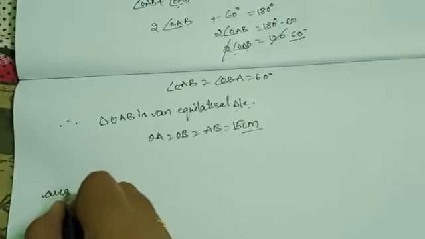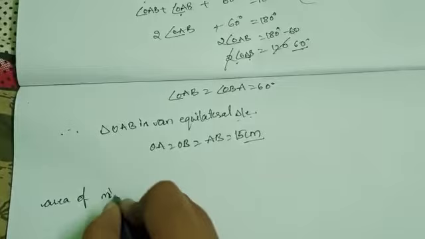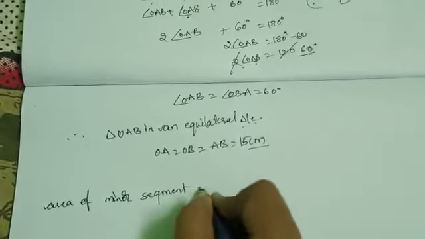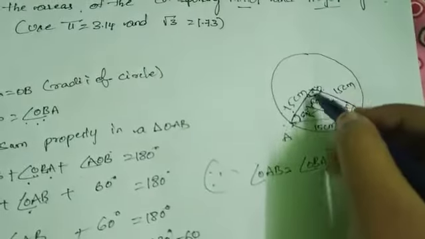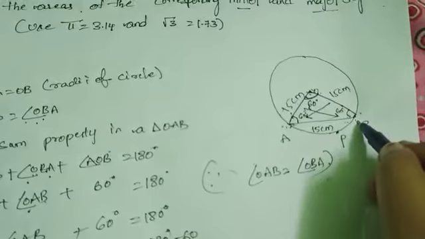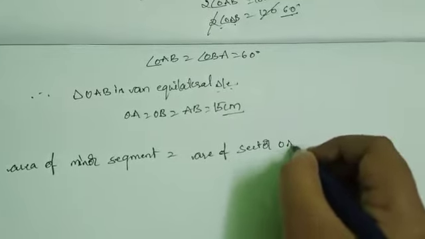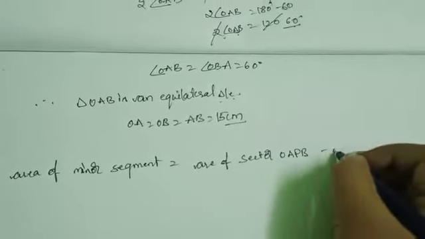Area of minor segment equals the area of sector, suppose the point is P, OAPB, minus the area of triangle OAB.